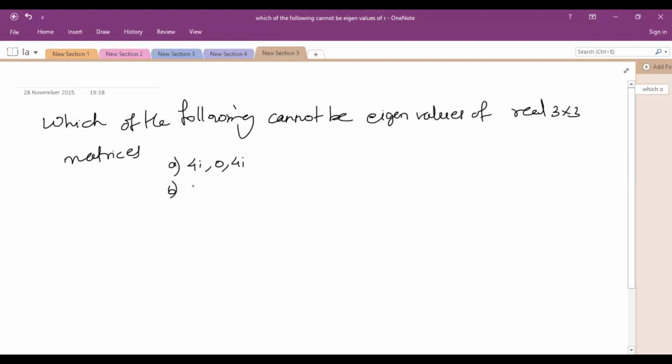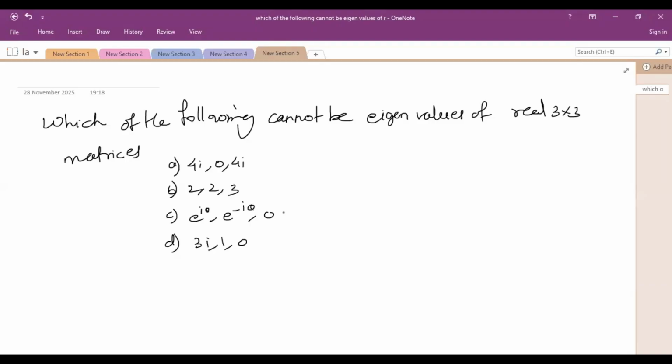Then it's 2, 2, 3. Then e power iota theta, comma e power minus iota theta, comma 0. And 3i, 1, 0. So you want to check which of the following cannot be the eigenvalues of a real 3x3 matrix.